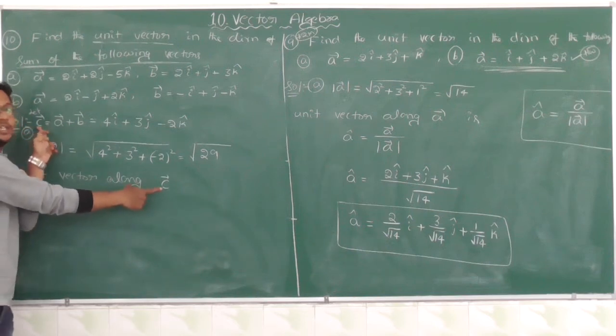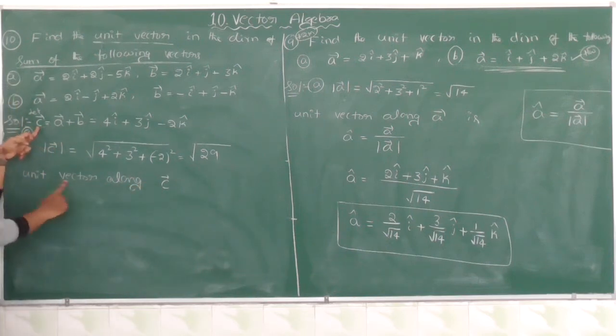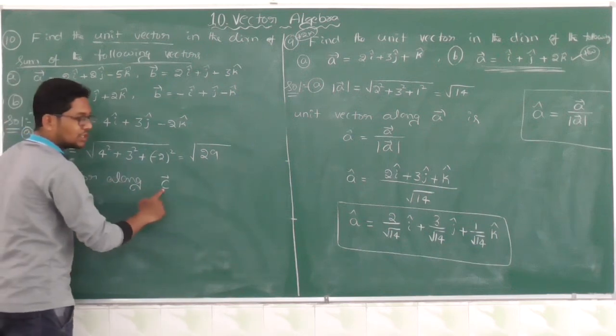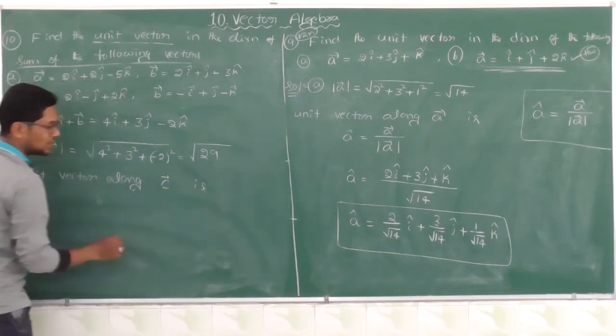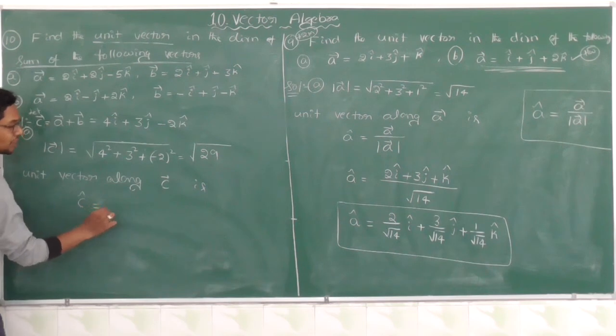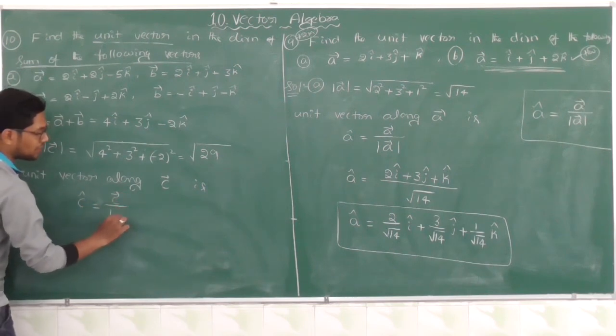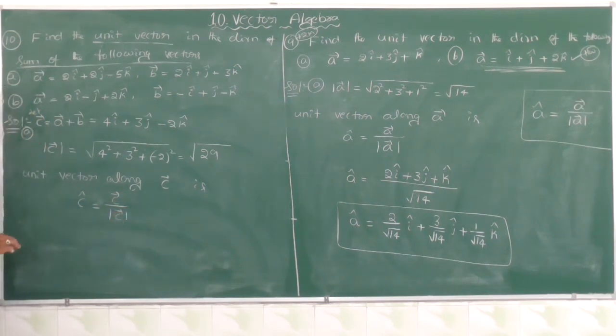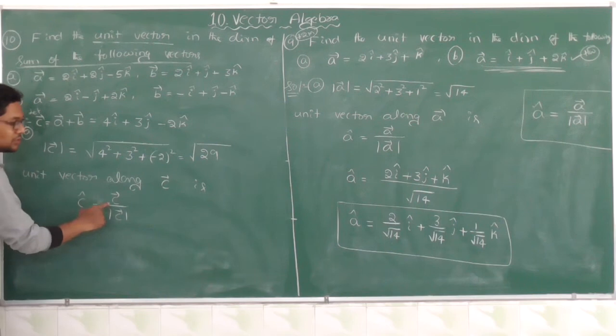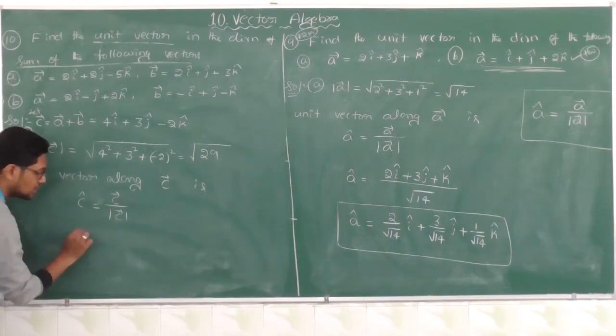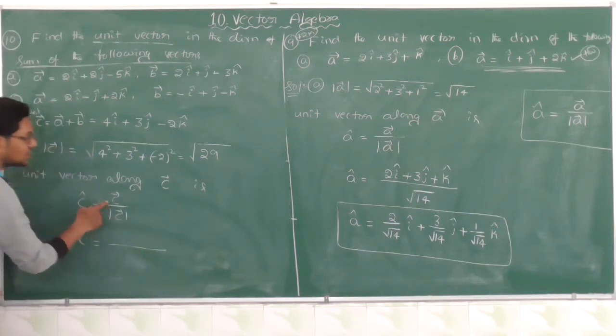The unit vector along the vector C is C cap, equal to C vector divided by the magnitude of C vector. If you get confused, you can write A vector plus B vector. Now C cap equals C vector by magnitude of C vector.